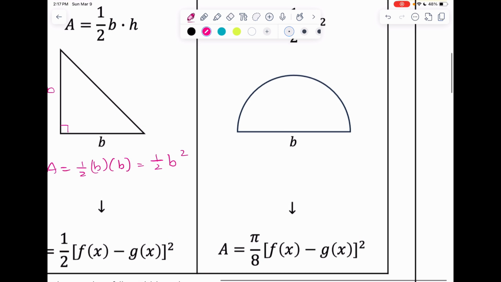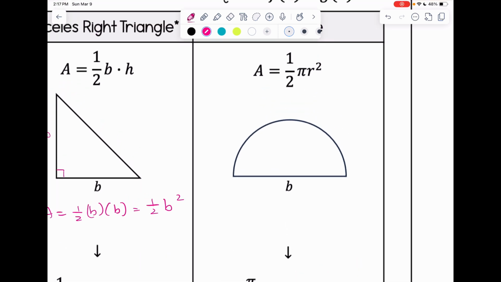All right, and then last we have a semicircle. So area of a circle is pi r squared, so area of a semicircle is 1/2 pi r squared. And if we look at this semicircle, the base is essentially the diameter. So when we're looking for the radius here, let's say I draw in a radius, that's going to be 1/2 b. So let's say I substitute in that formula 1/2 b for the radius.